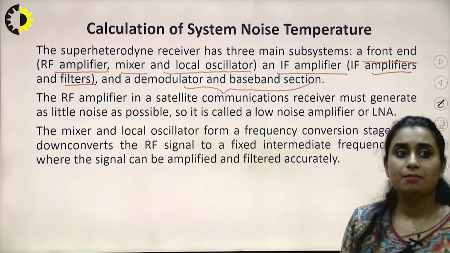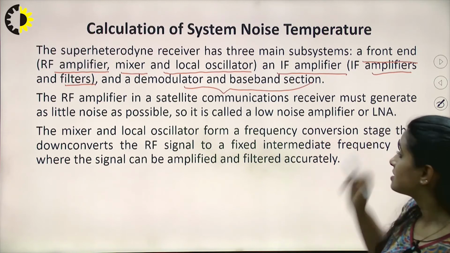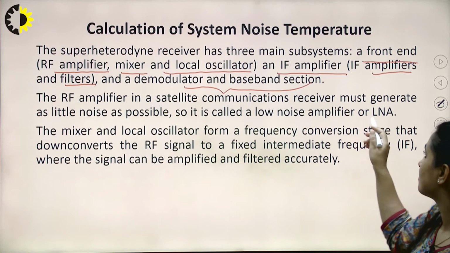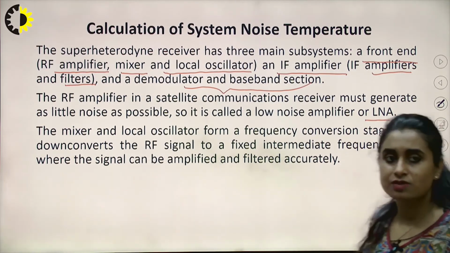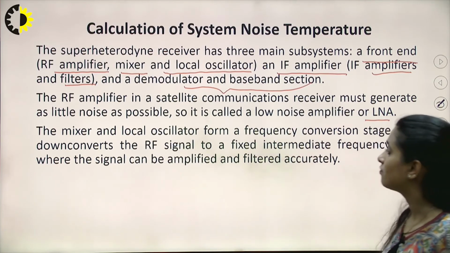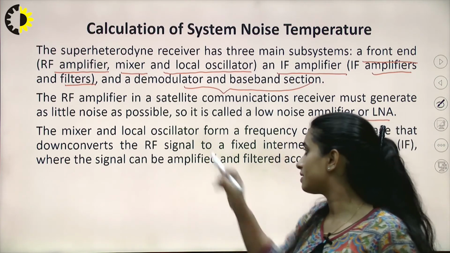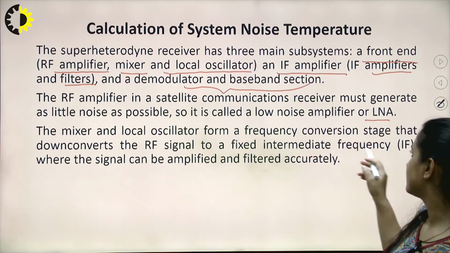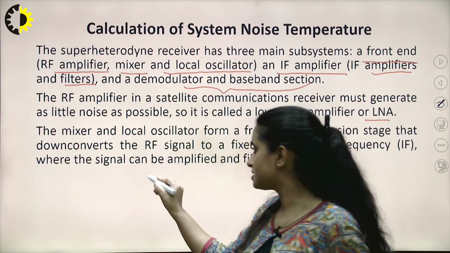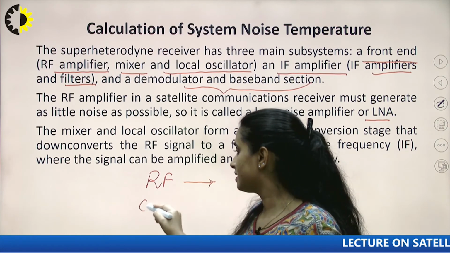The RF amplifier in a satellite communications receiver must generate as little noise as possible, so it is called a low noise amplifier or LNA. This is what we have already discussed, right? The mixer and local oscillator form a frequency conversion stage that down converts the RF signal to a fixed intermediate frequency. RF frequency is a very high frequency, usually in the gigahertz range.